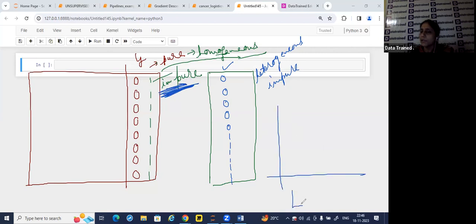The impurity is known by the term entropy. I need the impurity, I need the entropy. If everything in my data set is 0, my entropy is 0.